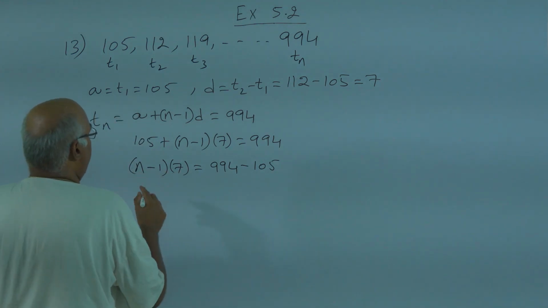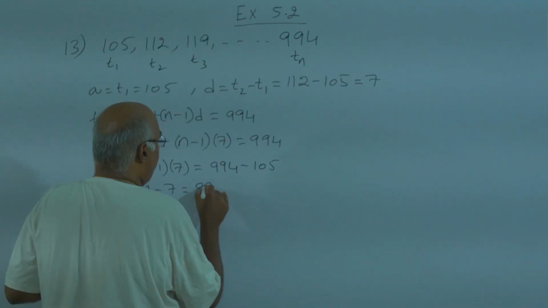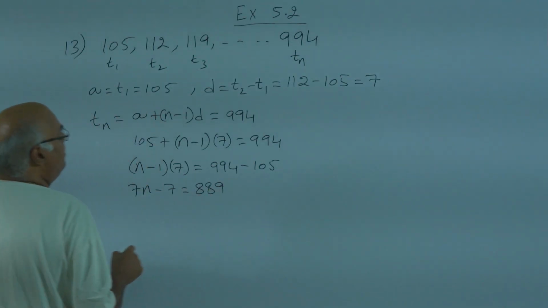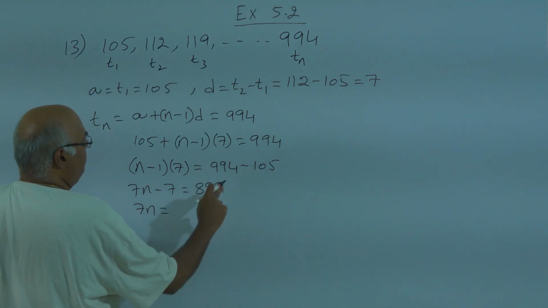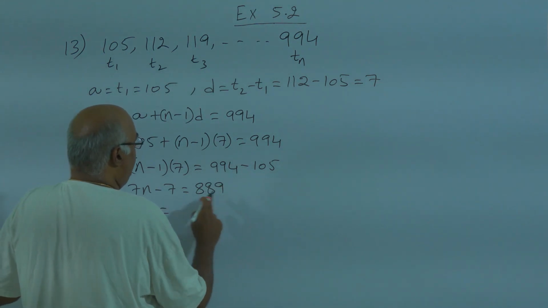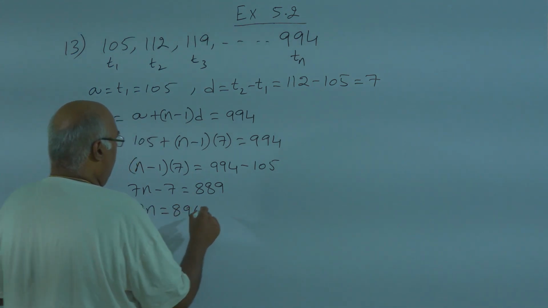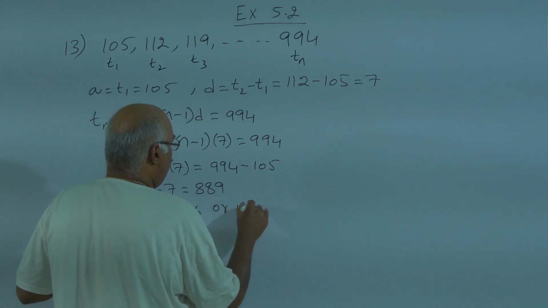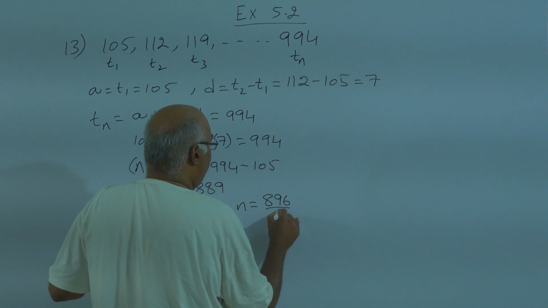If you expand this, 7n minus 7 is equal to 889. So 7n is equal to, if you take this 7 to the other side, 889 plus 7, which is 896, or n is equal to 896 by 7.